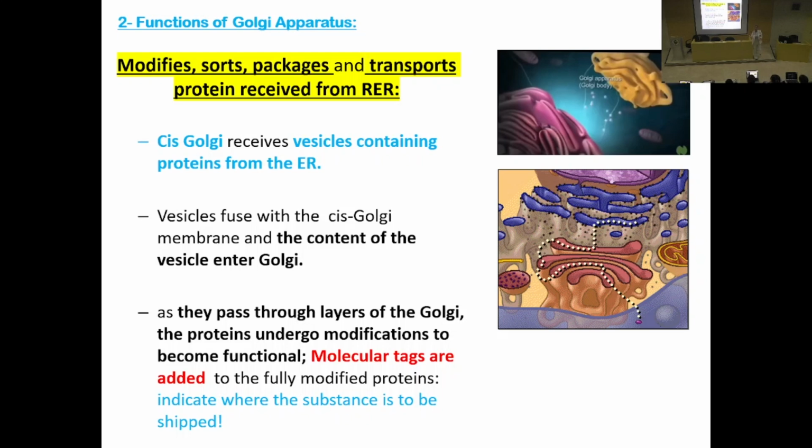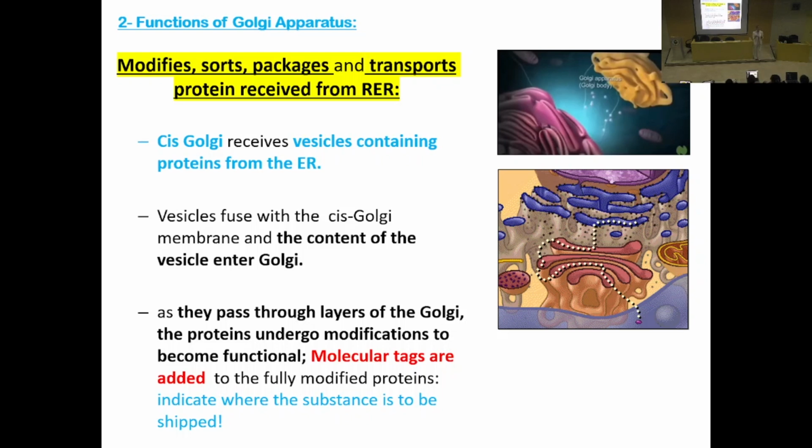So this tag will be very important because it will determine the destination of your protein. All right? And these modifications as well are very important for the function of your protein, because for the protein to be functional, its whole structure must be complete. We must add the OH, we must add phosphate, we must add a methyl group. So all this is to make your protein functional.